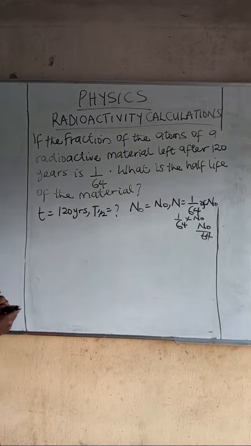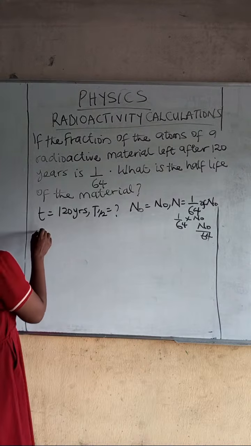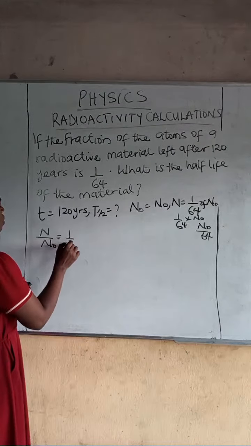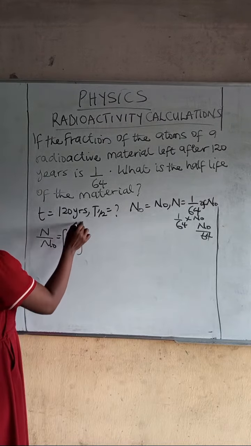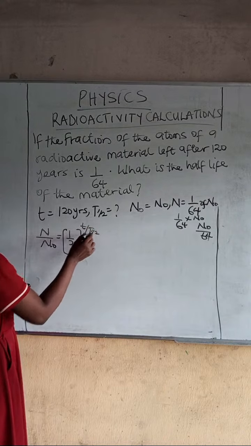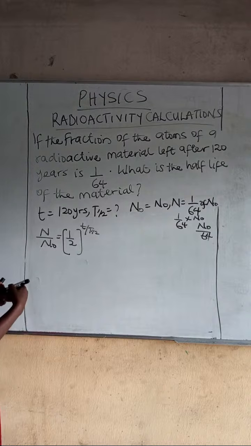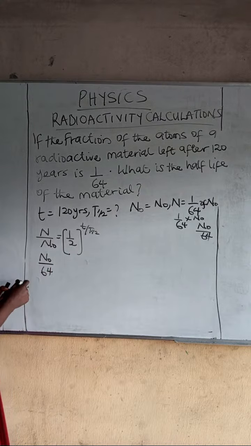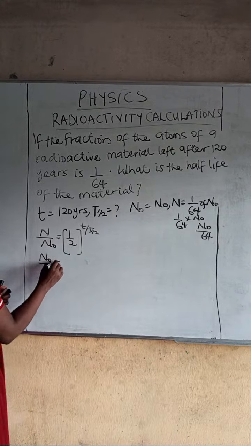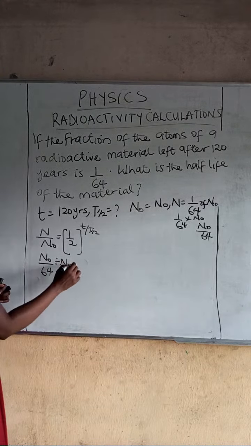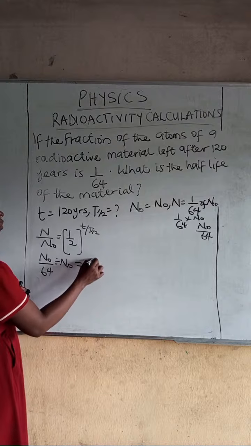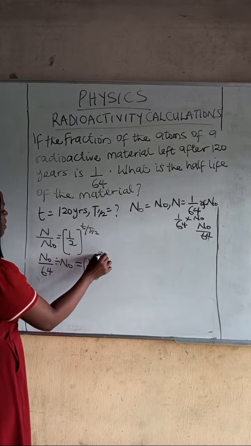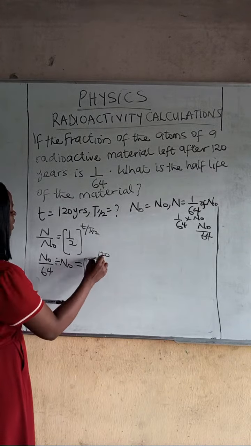Is it clear? All right, this is our formula. N over N naught is equals to 1/2 bracket T over half-life, right? What's my N? My N is N naught over 64, divided by N naught, is equals to 1/2 bracket, what's my time? 120. What's half-life?